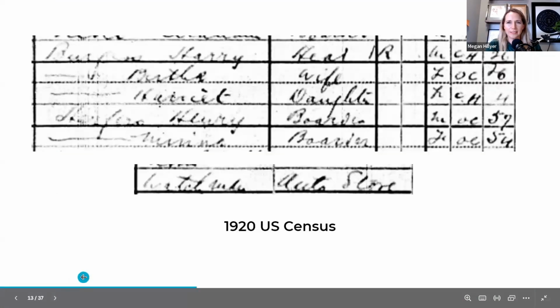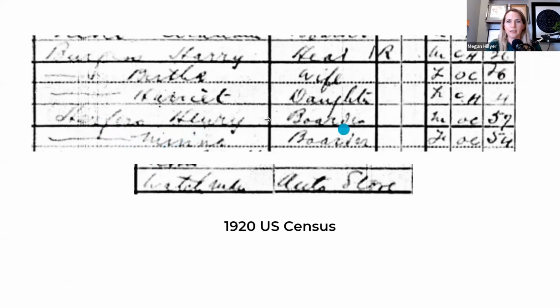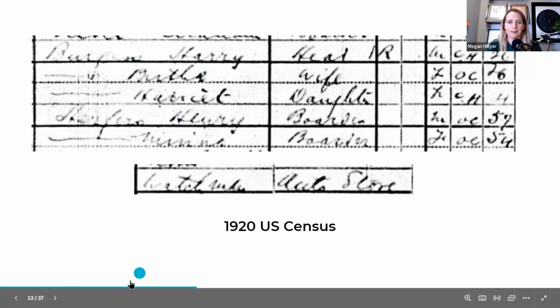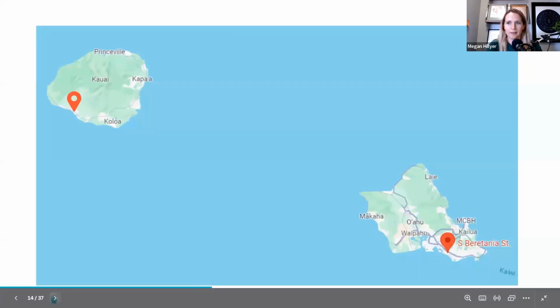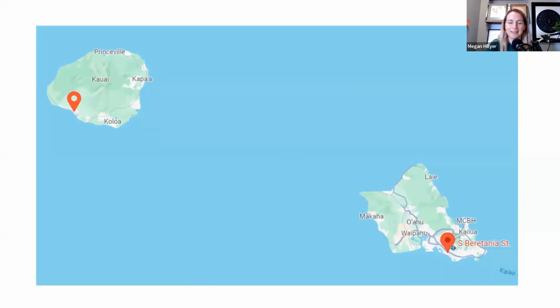Now by 1920, we see that there's Henry Helfers and Mina Helfers. They were living with their daughter and her husband, and he was now watchman at an auto store. Now they were living down here on the island of Oahu. So we can say that sometime between 1910 and 1920, they moved from the island of Kauai to Oahu.